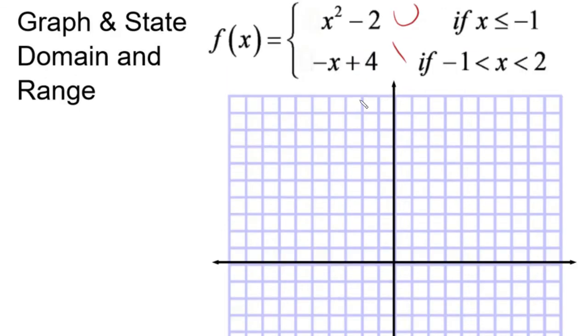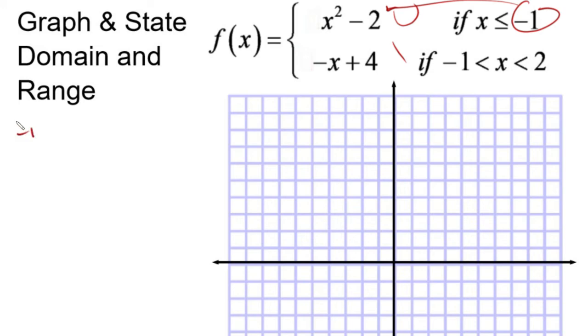So I'm going to go ahead, and here's the quick way. Plug this value into this function and see what you get. So I'm showing you the quick way now. Plug in that value, whatever it is, into this piece of your function.